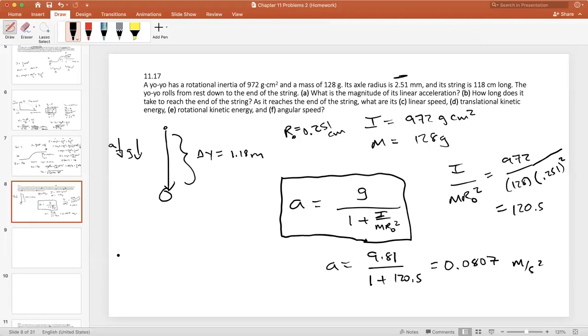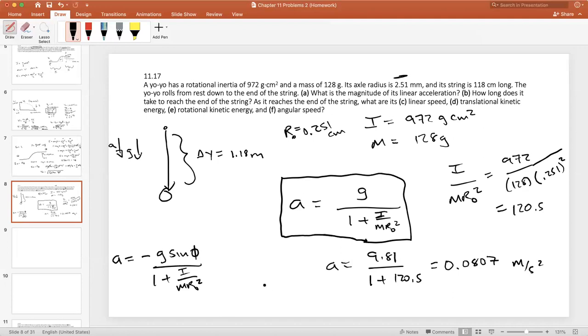In a mass rolling down a hill, if the only forces are static friction and gravity, remember this is actually g sine theta, or sine phi, over 1 plus I over m r naught squared. So in the case of the yo-yo, phi is actually 90 degrees. It's like an incline at 90 degrees.